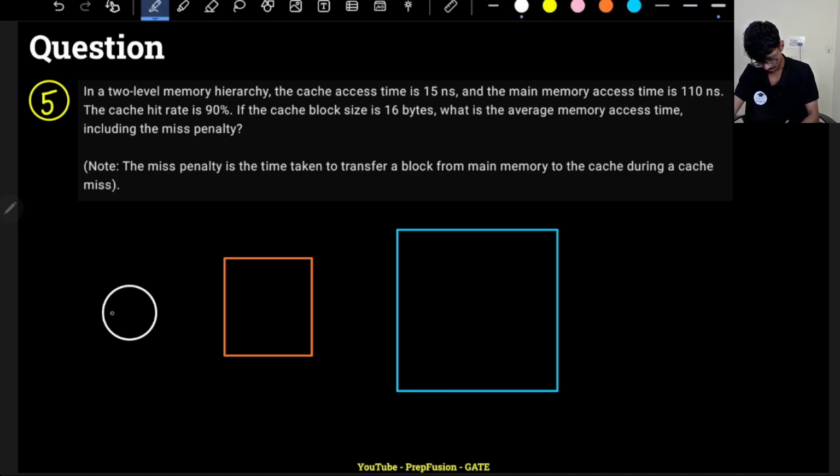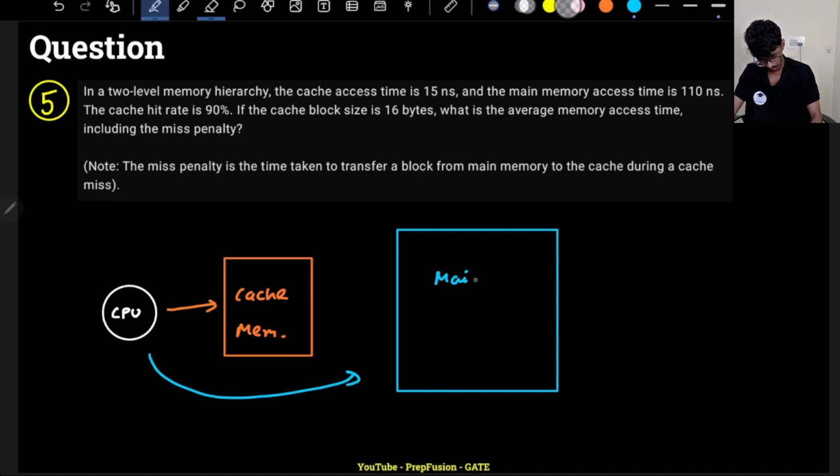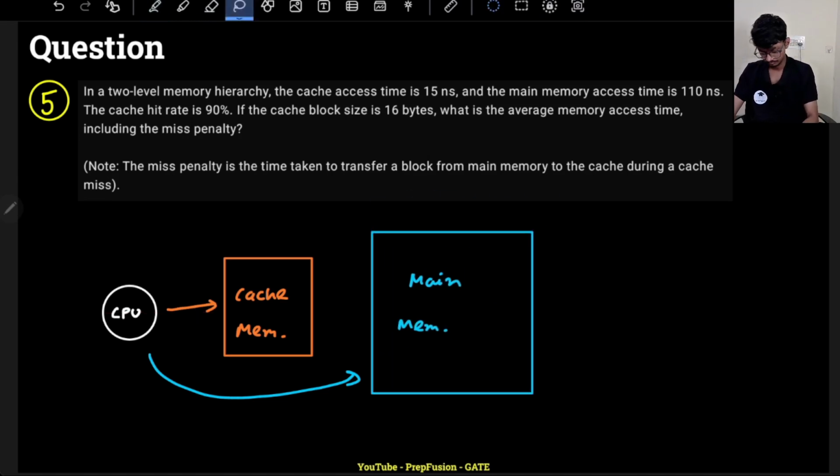Yeah, so CPU is here. Now I have my cache memory here and my main memory. What is the cache memory access time? 15 nanoseconds. So T cache will be 15 nanoseconds.